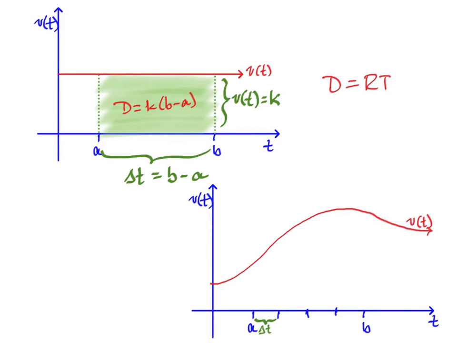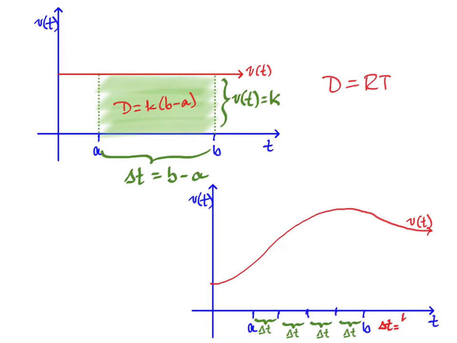Could be 10 seconds long. Let's just call the time intervals delta t. They're all the same. There's 4 of them. All right, and now let's use the velocities at the beginnings of those time intervals like we did for the race car.